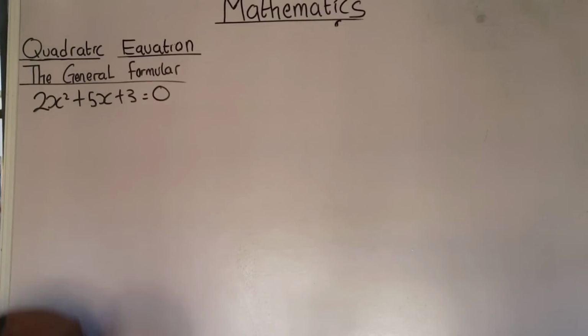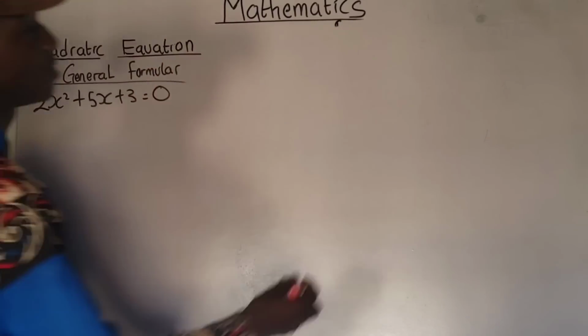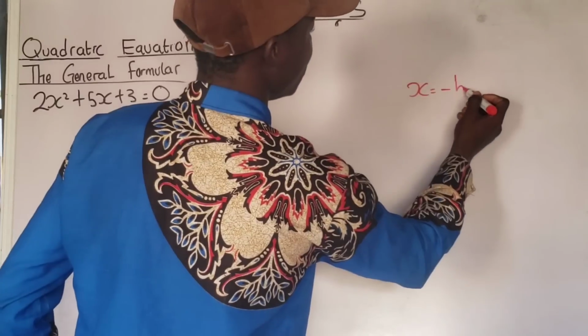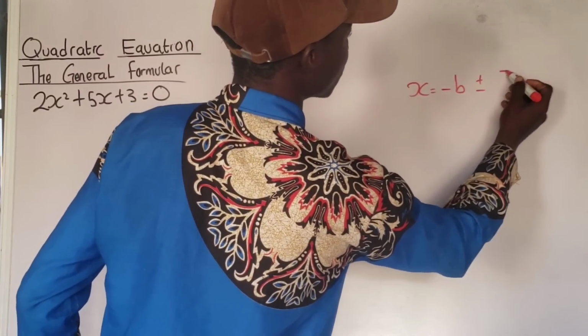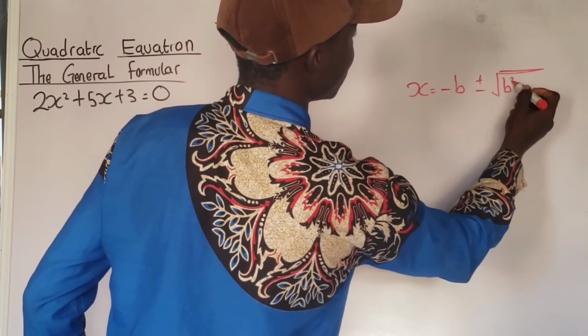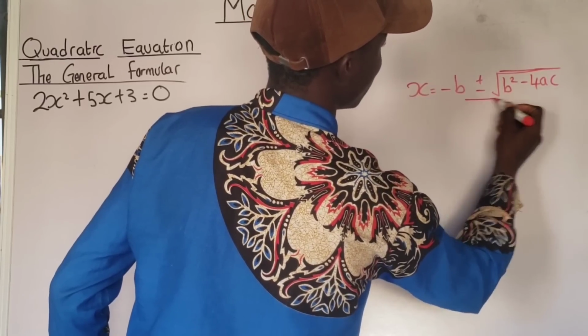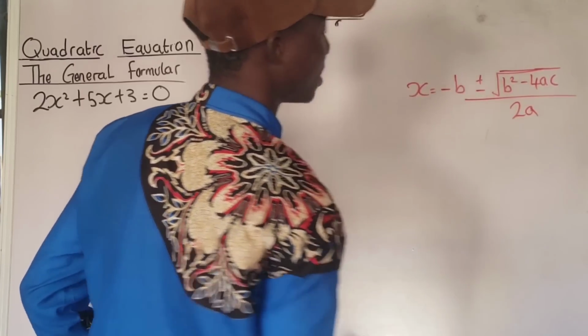In our previous class, we derived the general formula of the quadratic equation and we got this: x equals minus b plus or minus square root of b squared minus 4ac all over 2a. You understand?